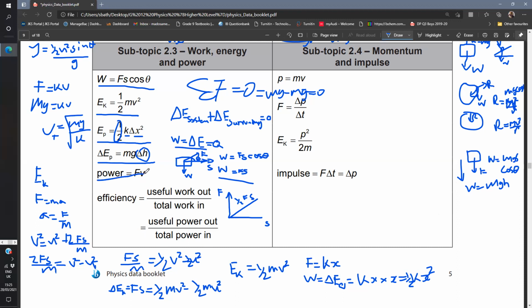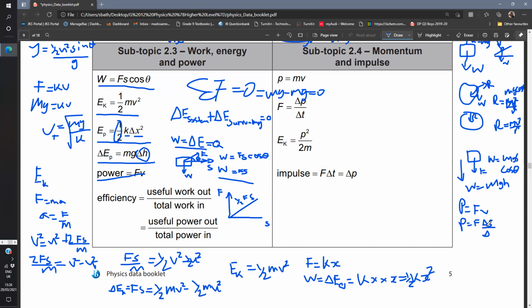Okay, now we want to find the formula for power. So basically, we say power is equal to Fv. So this is the given formula. We want to find another formula, the formula for power in terms of work. So P is equal to F delta s over delta t.